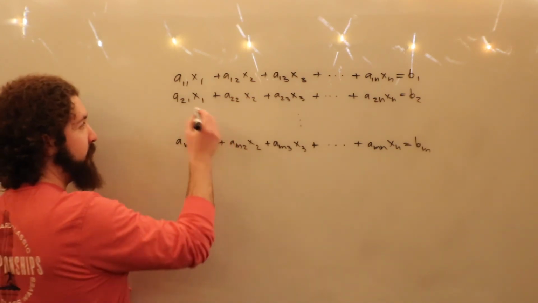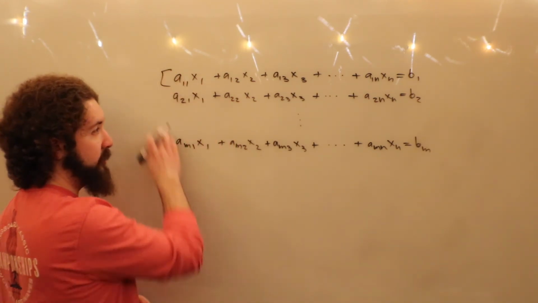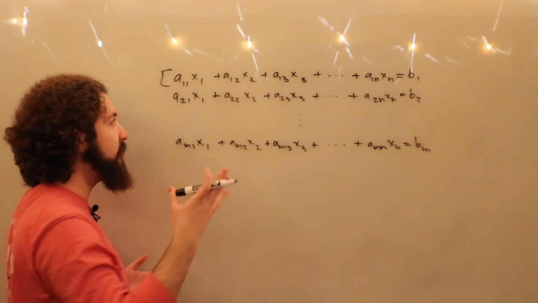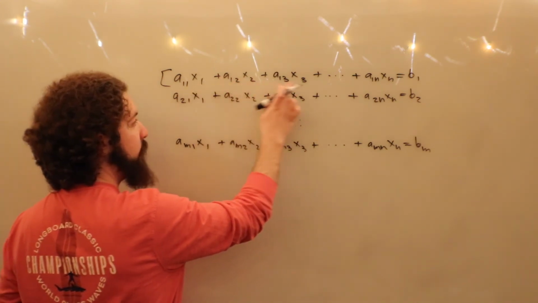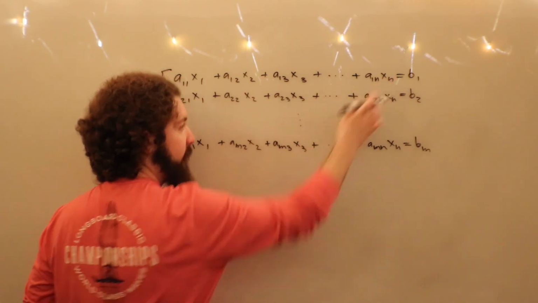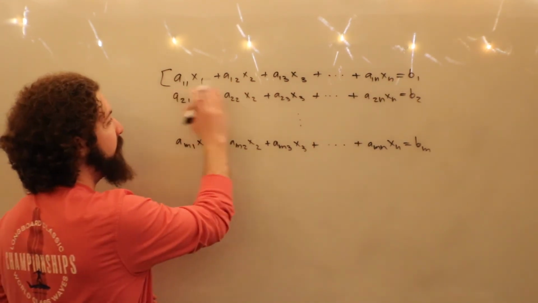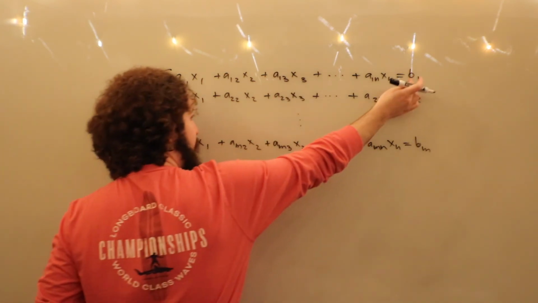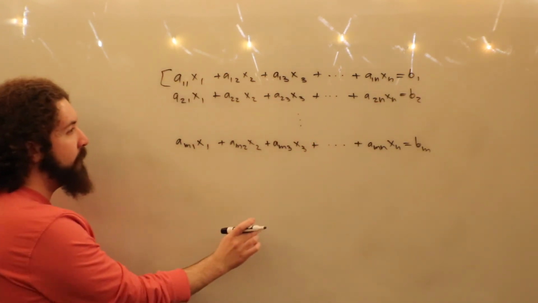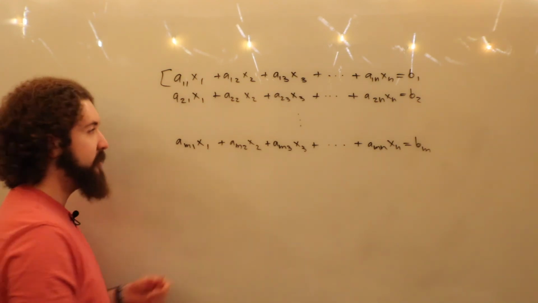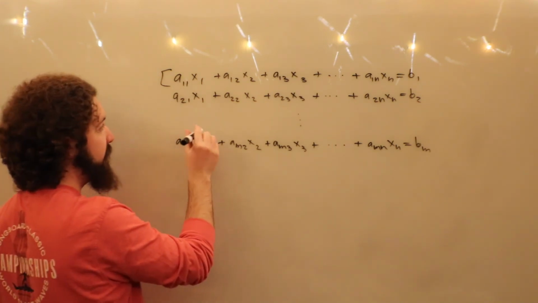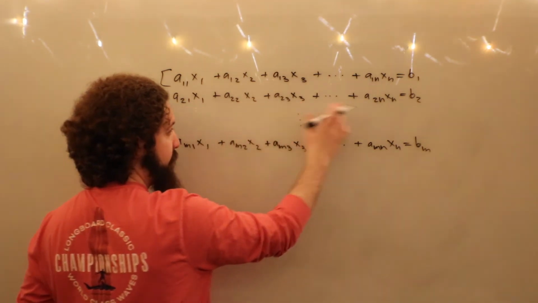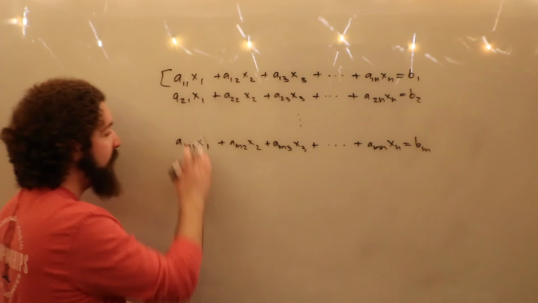If you just zoom in on one of these equations, let's look at the top one, notice it's the same thing as last time. It's just a linear equation in 1, 2, 3, all the way up to n different variables, right? We have our coefficients, we have our n x's, our indeterminates, we have our constant over there, and we talked about that last time. But here we have another one satisfied by the same x1, x2, x3, all the way up to xn, and so on.